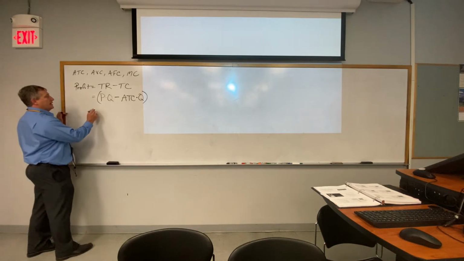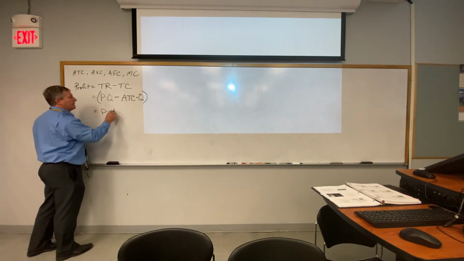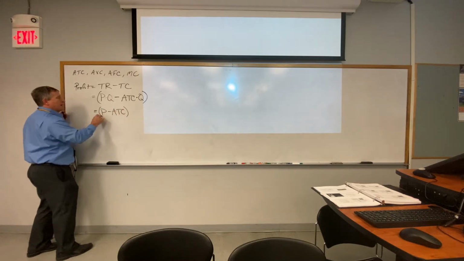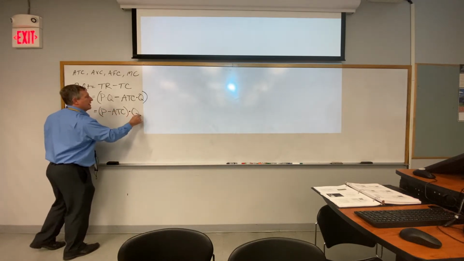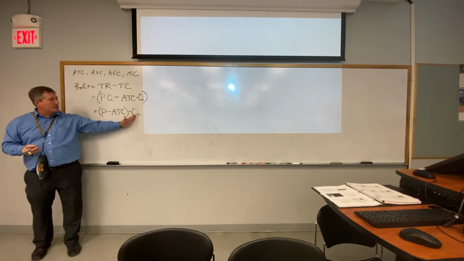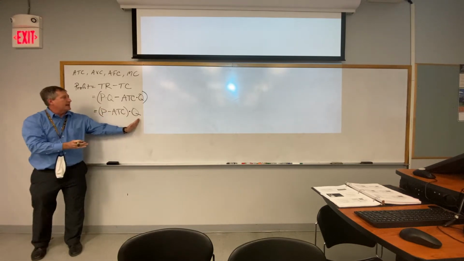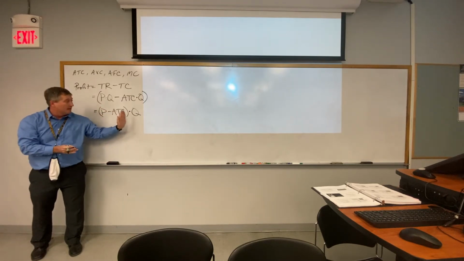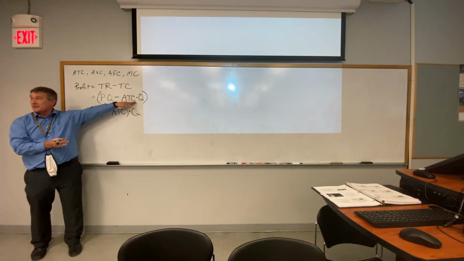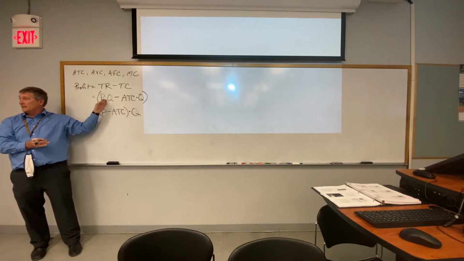So here, I'm going to put the Q on the backside, but we can rewrite this as price minus average total cost times quantity. Remember, whatever's in the parentheses with the plus sign or minus sign, you got to distribute it back through, right? So it's quantity times average total cost gets you back to here, and then you distribute it through to here, gets you back to here.